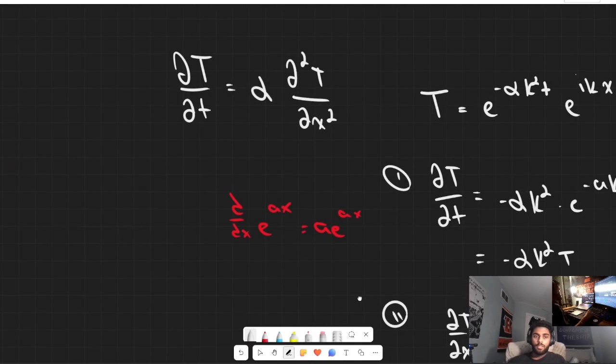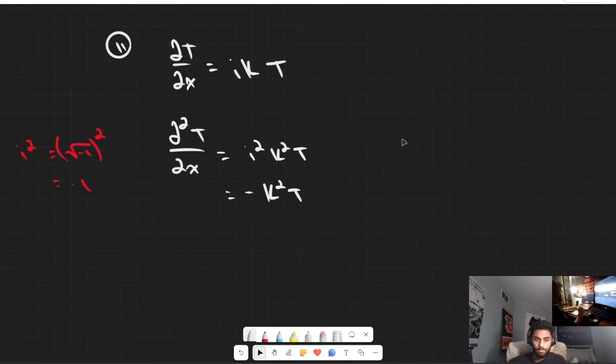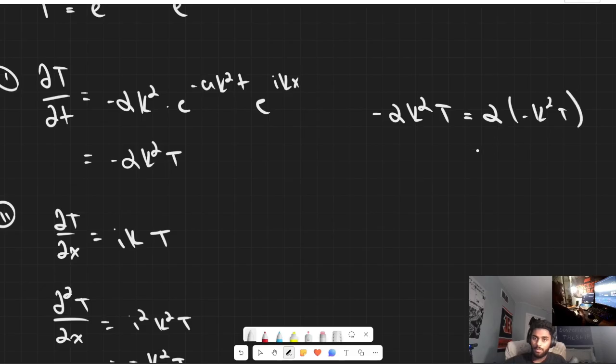Now, let's go back to our initial partial differential equation. So if we plug that in, we get minus alpha k squared t equals alpha times minus k squared t.